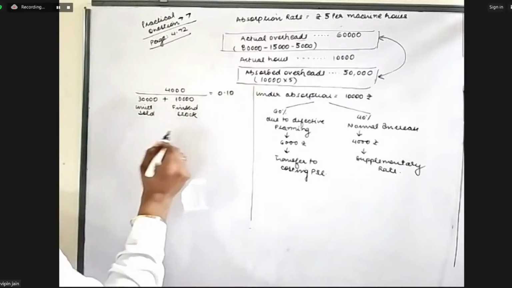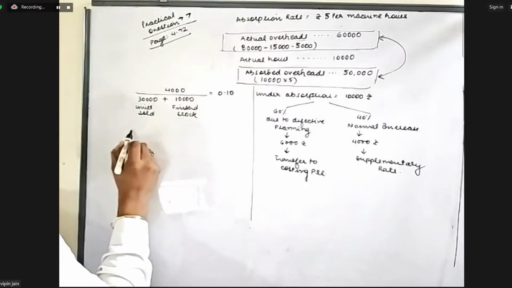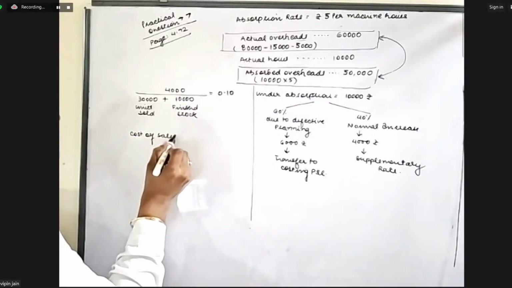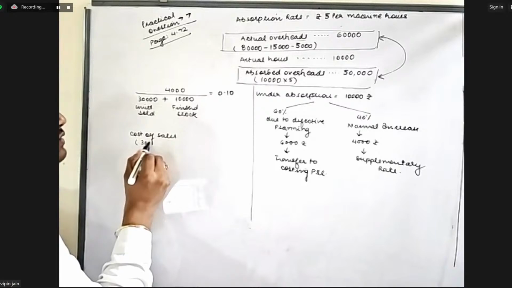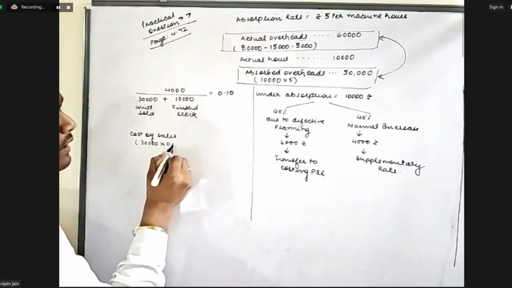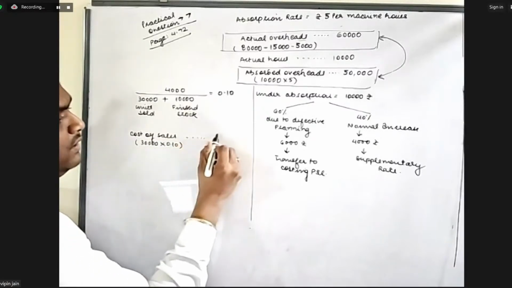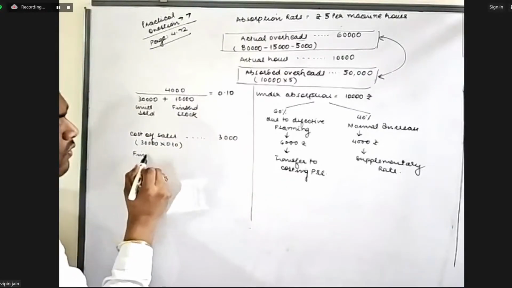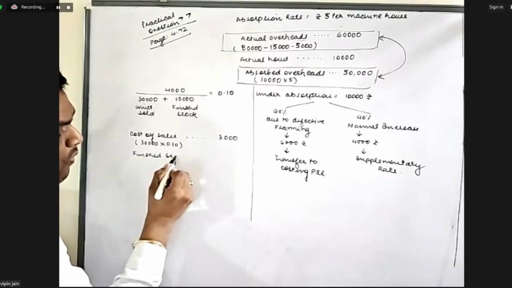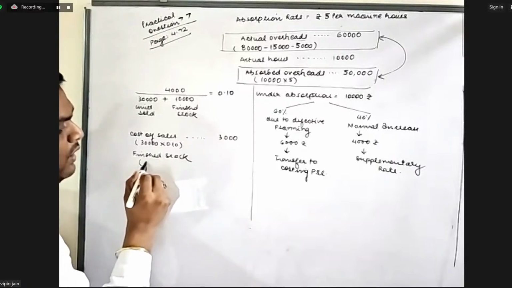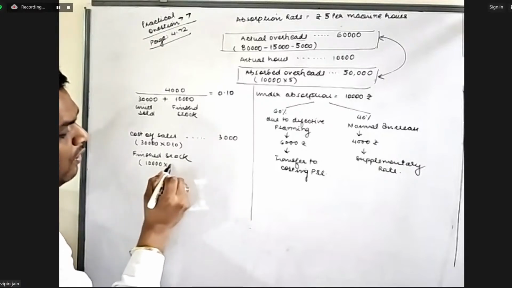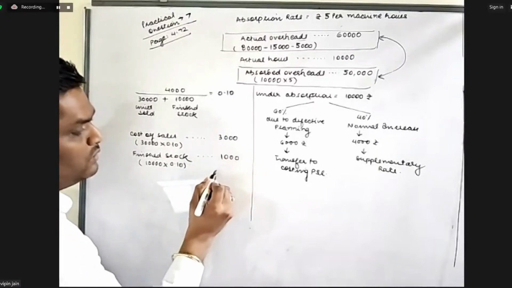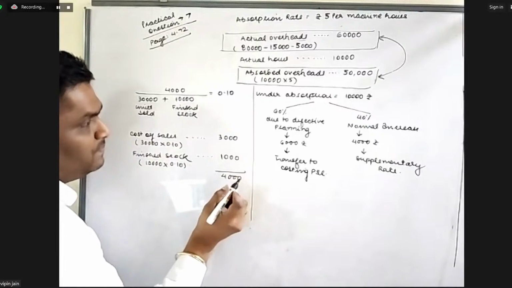So now cost of sales will be increased by 30,000 into 0.10, that is 3,000. And finished stock by 10,000 into 0.10. So this will be 1,000. So this will be the treatment of 4,000.